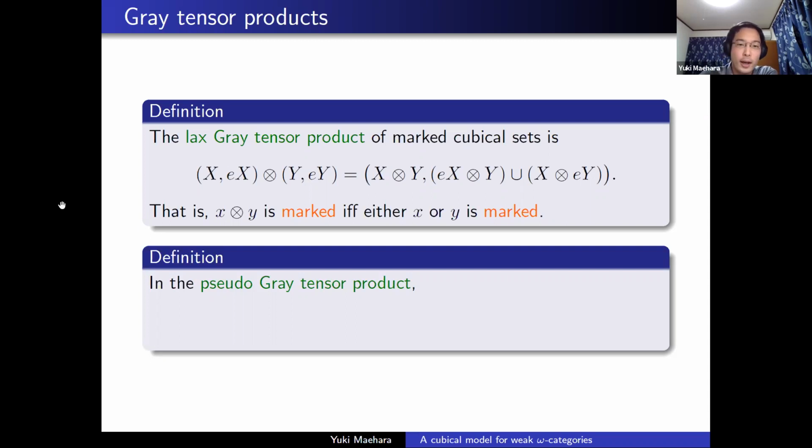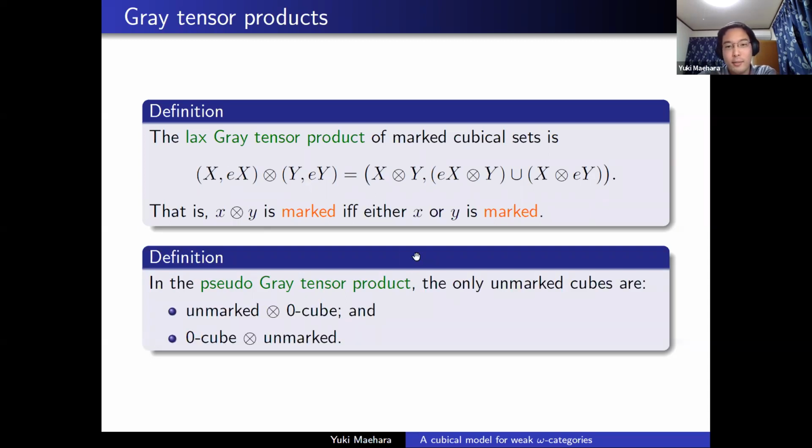If you make that precise, this is the condition. Actually for the pseudo Gray tensor product, it's easier to describe what the unmarked cubes are. And these are precisely the ones of the form unmarked tensor 0-cube or 0-cube tensor unmarked.